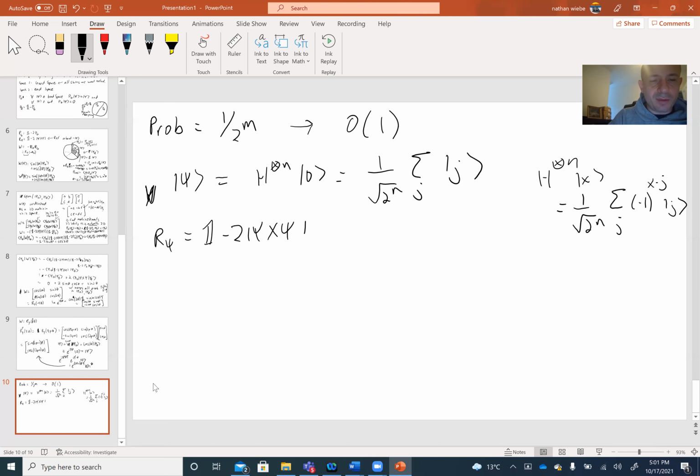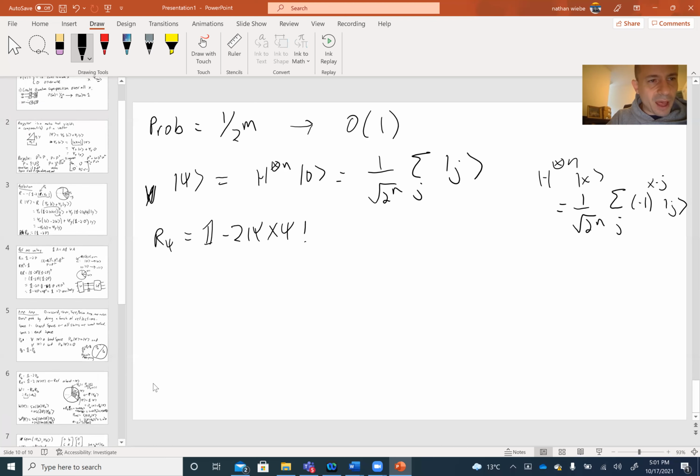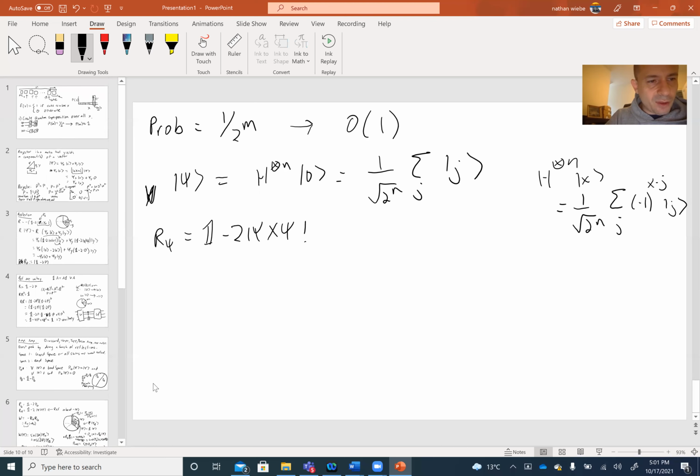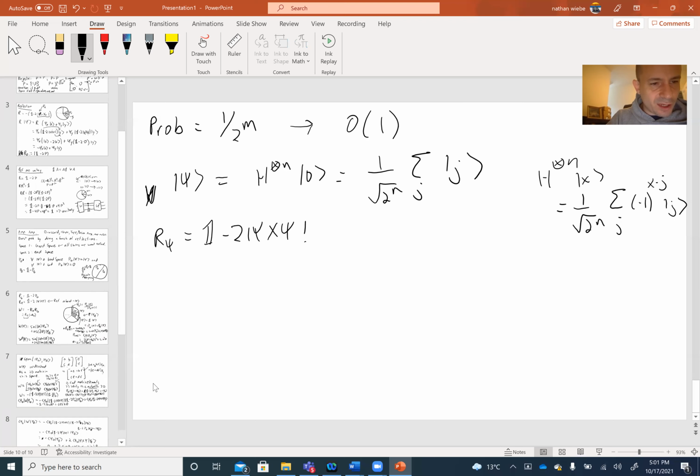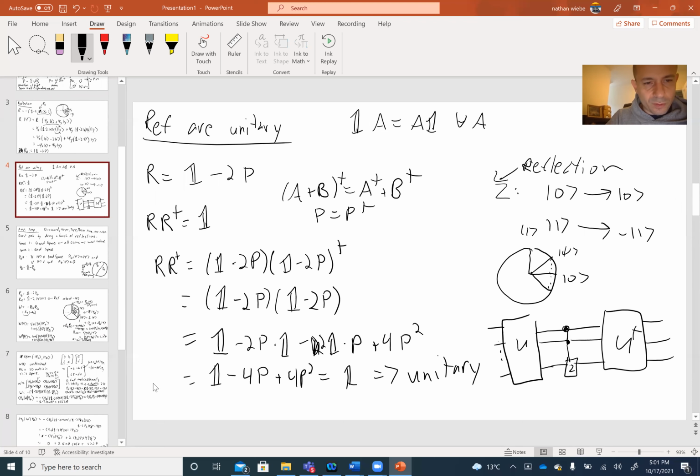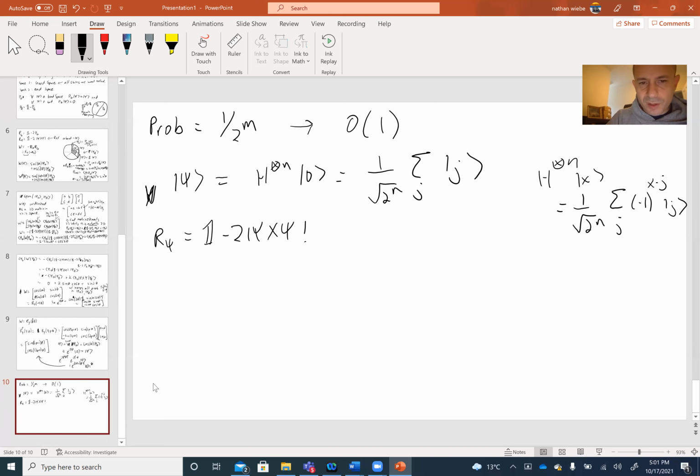And this reflection in particular, if you're curious, we can compile into a quantum circuit by using the same strategy that I discussed earlier over here. We know that the state psi is Hadamard acting on all zero.